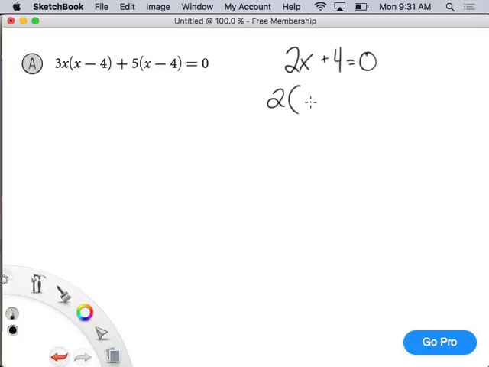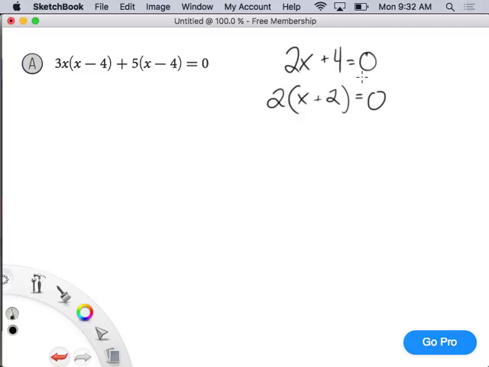I can use the distributive property to pull that out, and this becomes 2 times (x plus 2) equals 0. Because if I distributed in, I would get 2x plus 4. It's the distributive property, but kind of backwards, pulling it out rather than what we're used to doing most of the time.